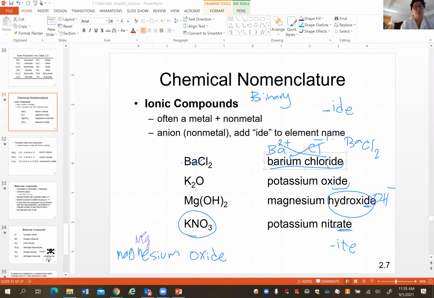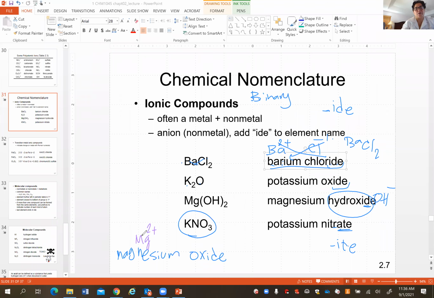What's the charge for magnesium? Magnesium is in group 2A. I just said group 2A, they all have the charge of 2 plus, right? 12 is the number of protons, actually, very good. But in order to be like neon, which is the noble gas prior to it, it has to lose 2 electrons.